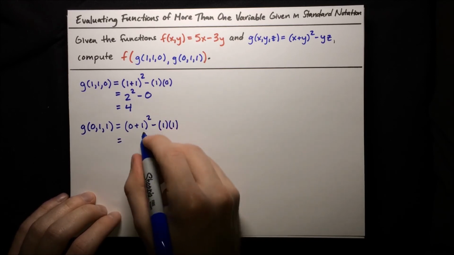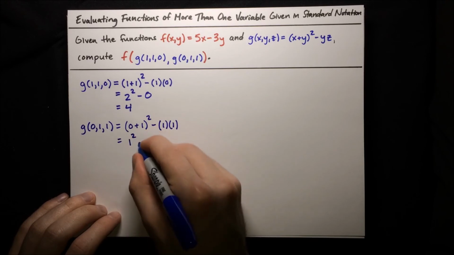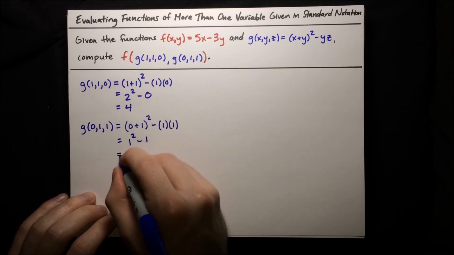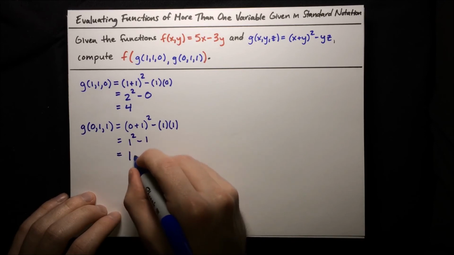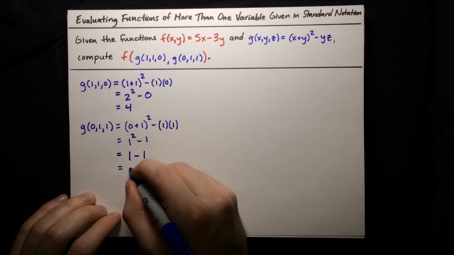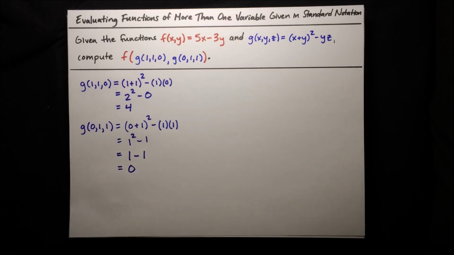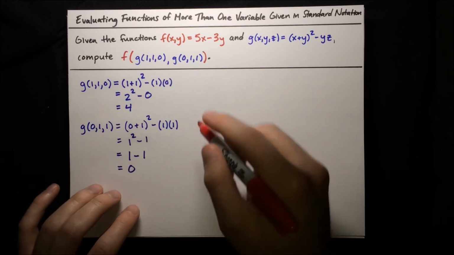Okay, so this is 0 plus 1 is just 1. Square that and subtract 1 times 1 is 1. So this is just 1 minus 1, which is 0. Okay, cool. So now we know the actual inputs to f.